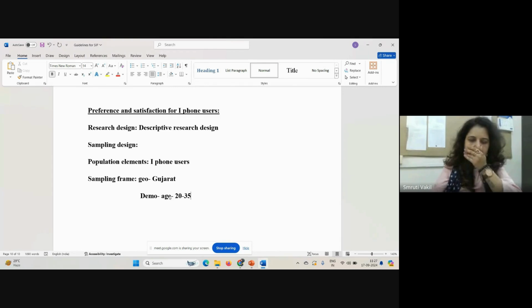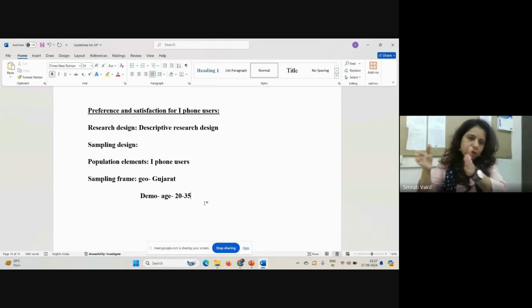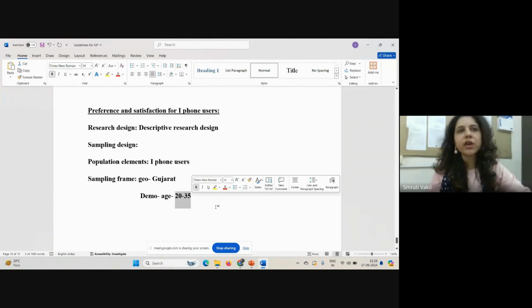So in short, it is the criteria, the whole box or frame from which you are selecting your sample. I am going to select iPhone users between the ages of 20 and 35 who are from Gujarat.